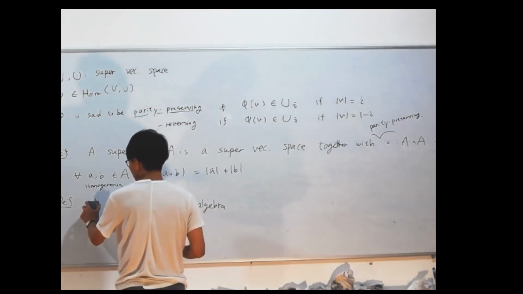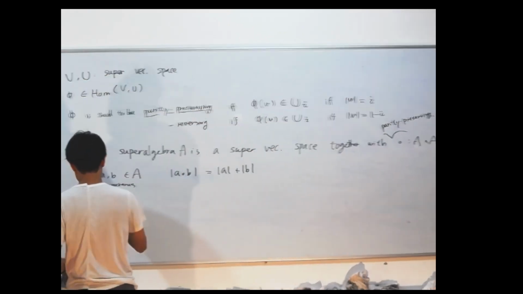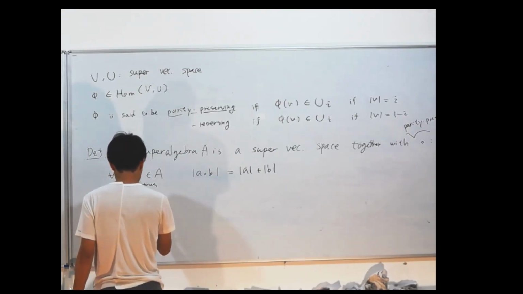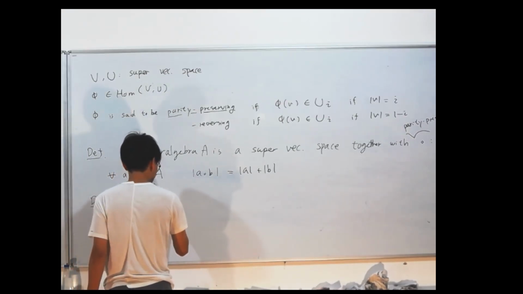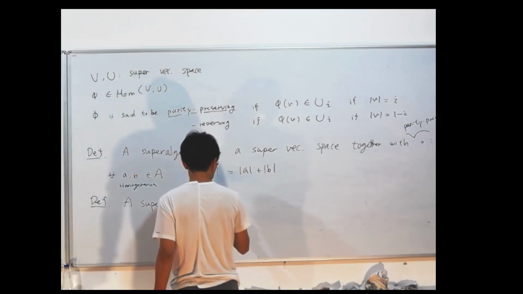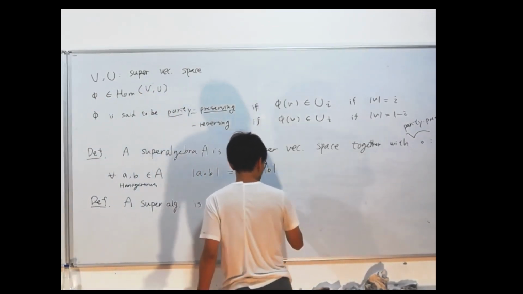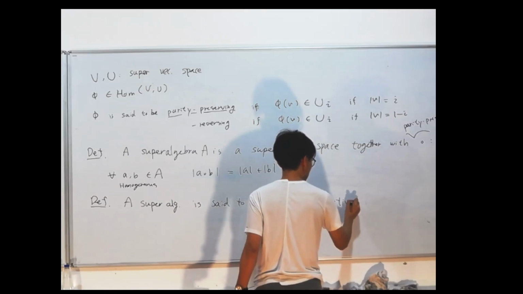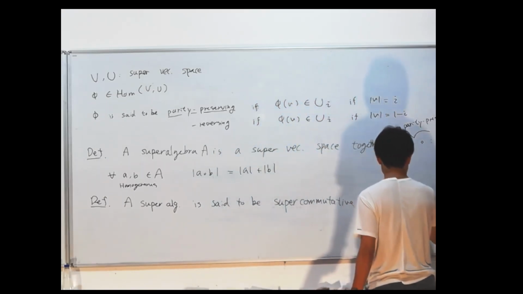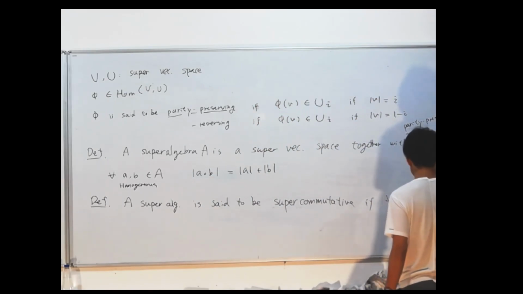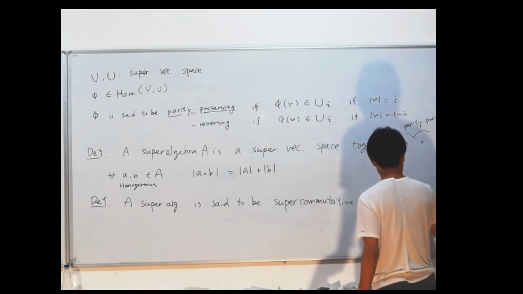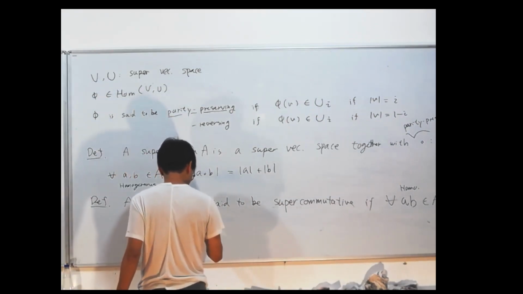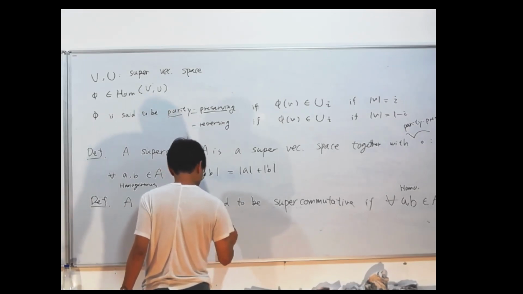A superalgebra A is said to be supercommutative if for all homogeneous elements A and B in A, A times B is minus B times A. I'm so sorry if you're taking notes on paper. If it's iPad, it doesn't matter.